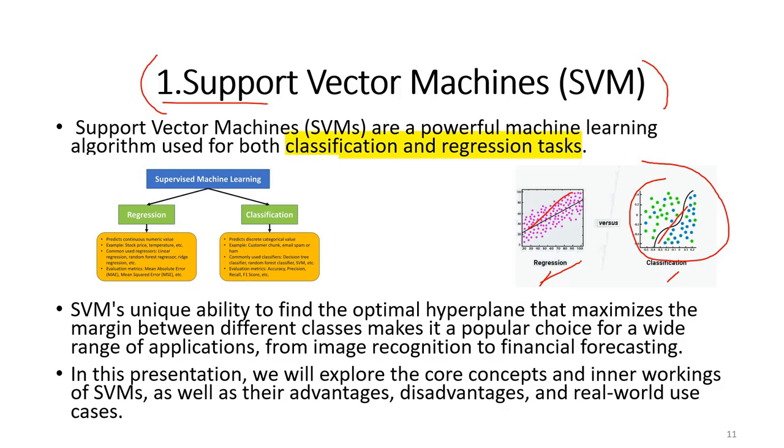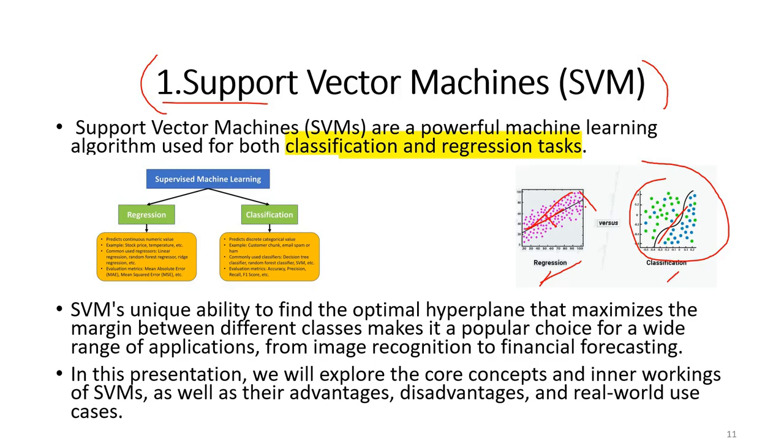Now, this is the heart of SVM. What is margin? The margin is the distance between the hyperplane and the nearest data point from each class. As you can see, these are the data points, and we are talking about the margin from the hyperplane.